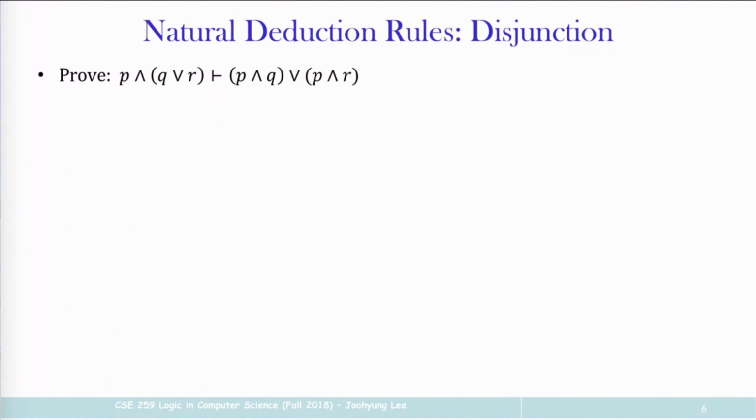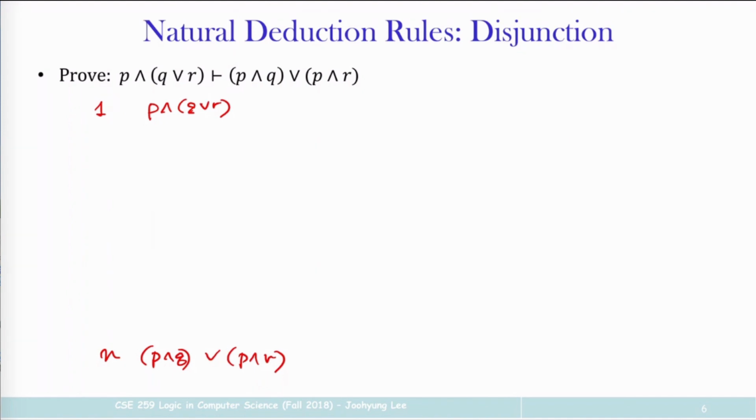Okay, so let's see how we can do this guy. Okay, so what should be my line 1? Premise. Okay, what should be my last line? Conclusion. Okay, good. Now, how do we go here? So you have to prove or here, right? Okay. Now I introduced the rule for or, but unfortunately that rule does not apply here.